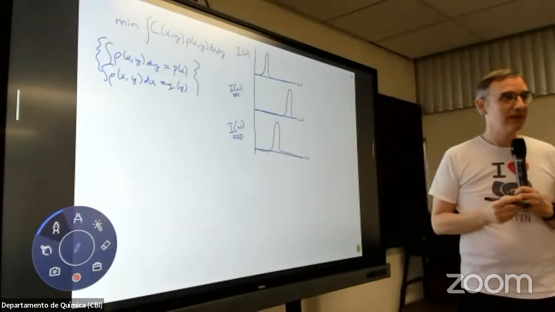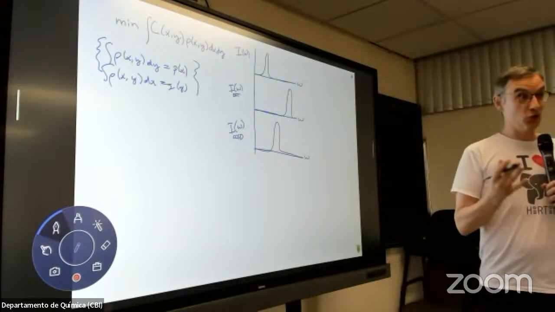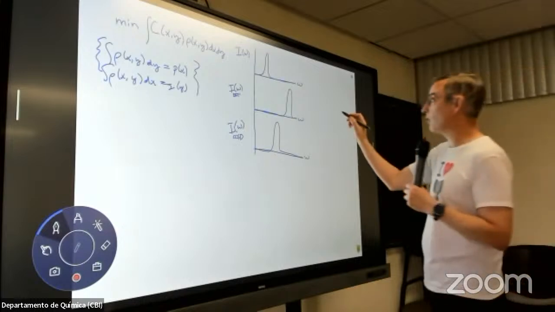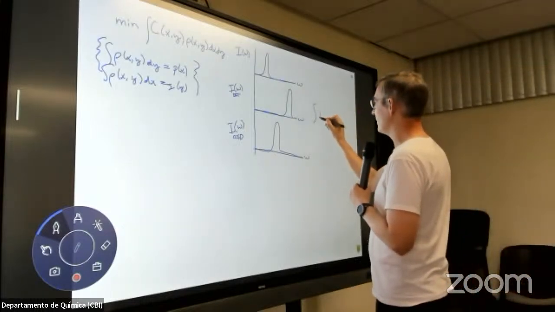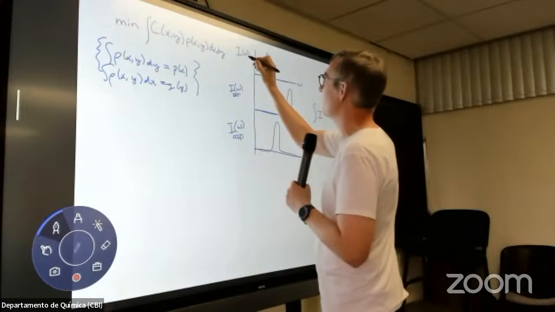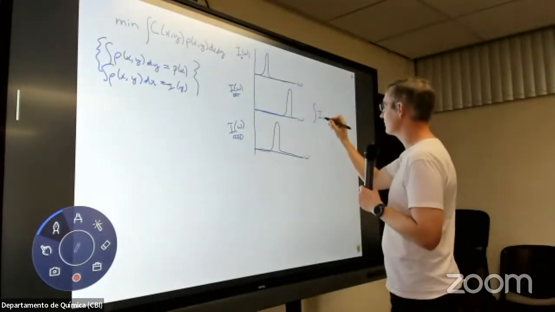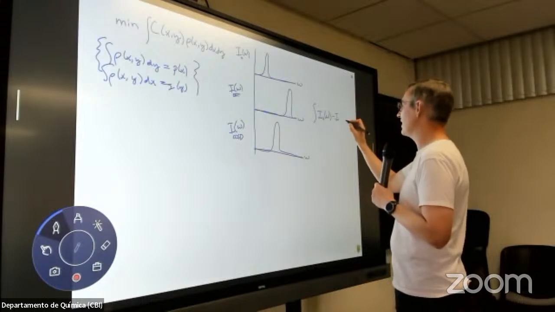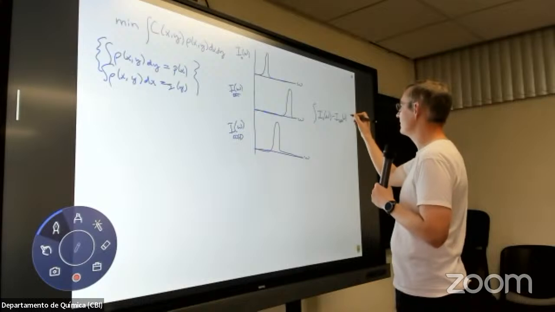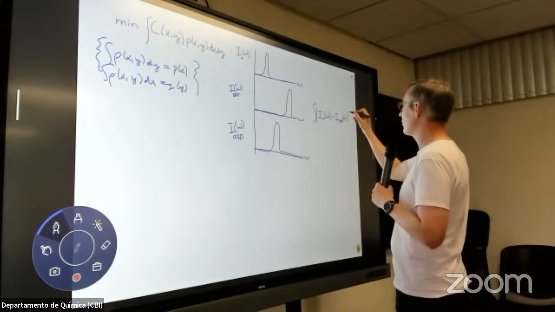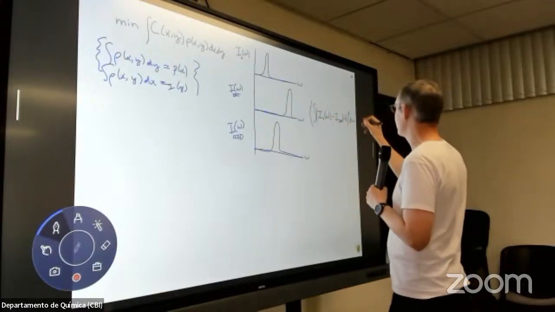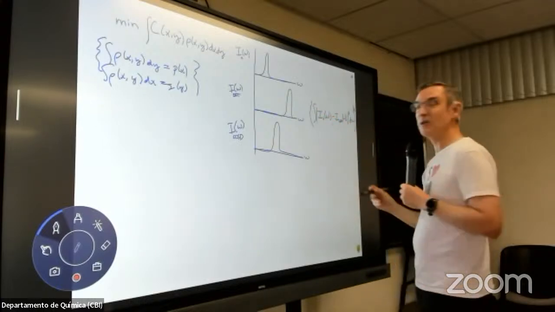So the normal way we would measure this is we would say, why don't we take the integral of I0 of omega minus I of DFT of omega, raised to some power P, d omega, and then we'll have to take the 1 over Pth power, right?